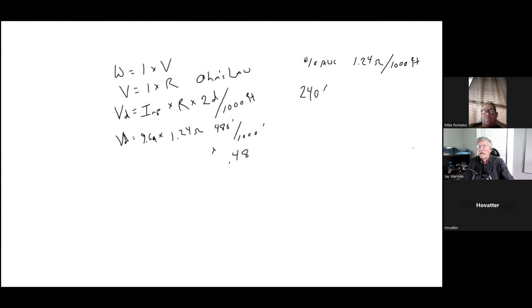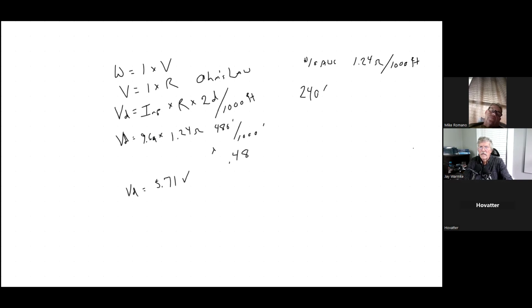So now I can calculate my voltage drop by taking 9.6 amps times 1.24 ohms times 0.48, and I get 5.71.